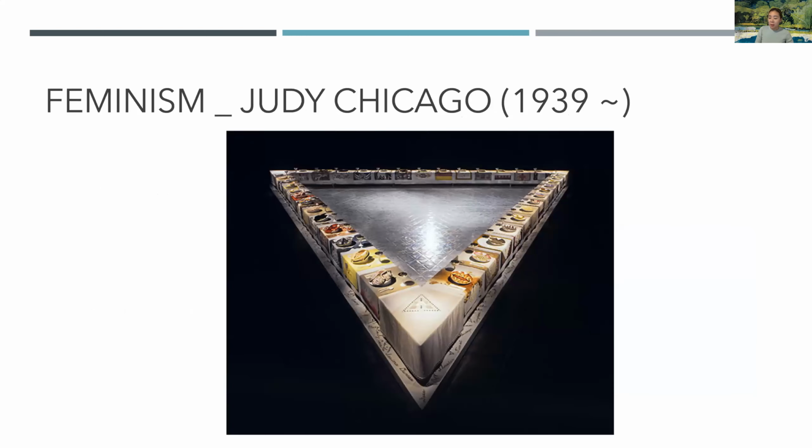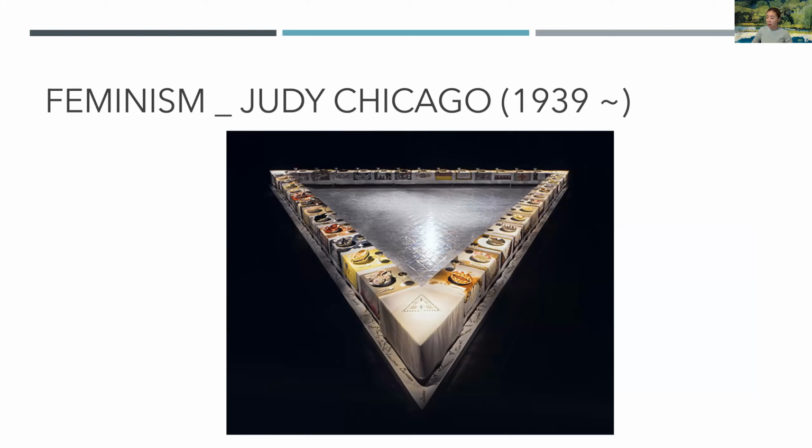So this is her most famous work, The Dinner Party, which is perhaps the most important work from this time. A collaborative work, The Dinner Party was executed with the help of hundreds of women and several men.